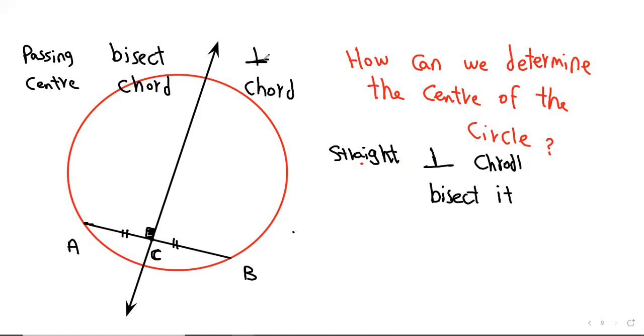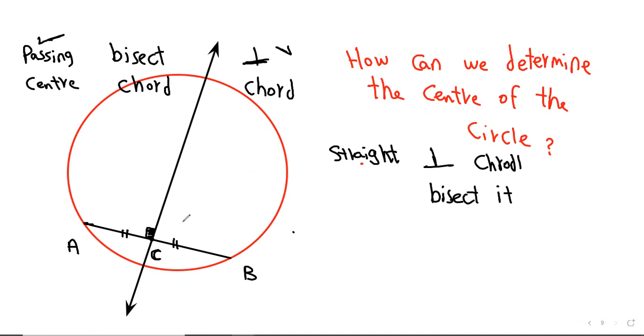And the second rule we have studied: if the straight line bisects any chord and passes through the center, it is going to be perpendicular to the chord. And if the straight line is drawn perpendicular to the chord and passing through the center of the circle, it is going to bisect this chord.